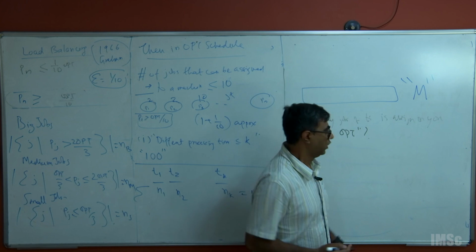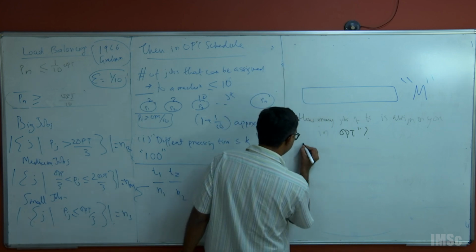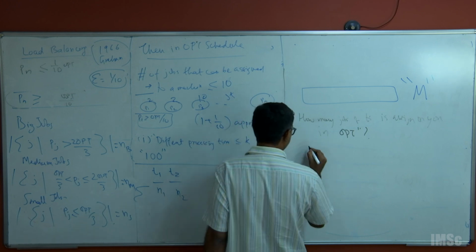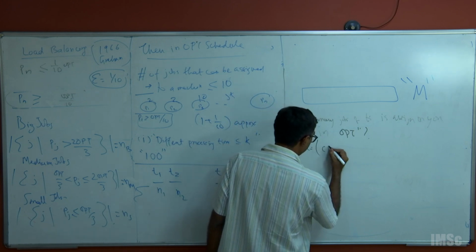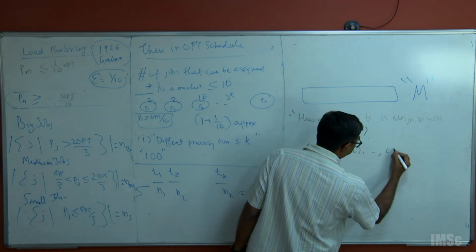Now, given this machine M, I define a vector C. The vector C stores C1, C2, up to Ck.